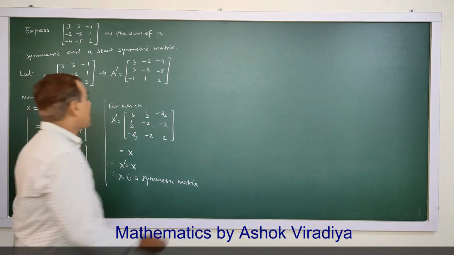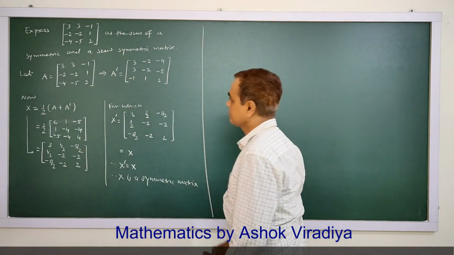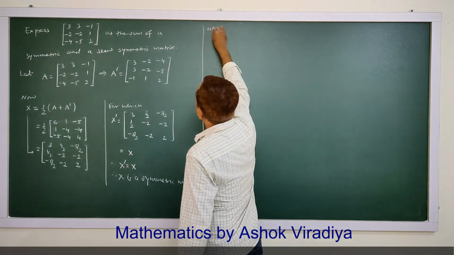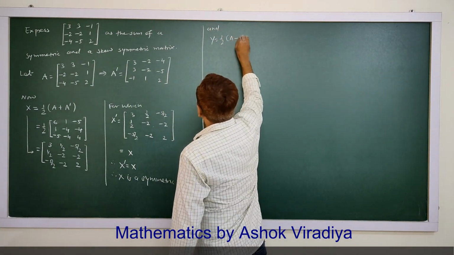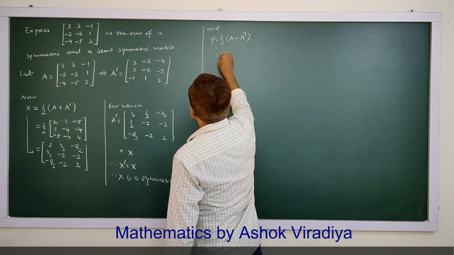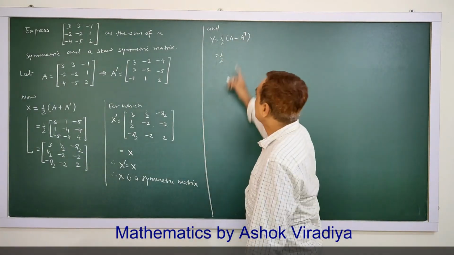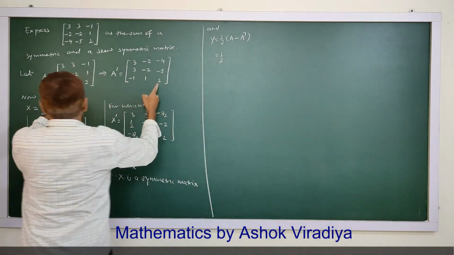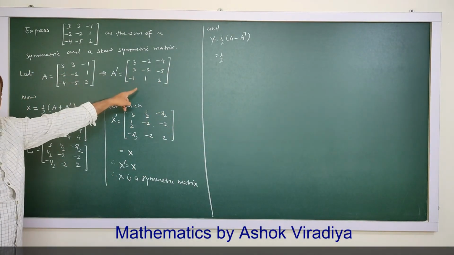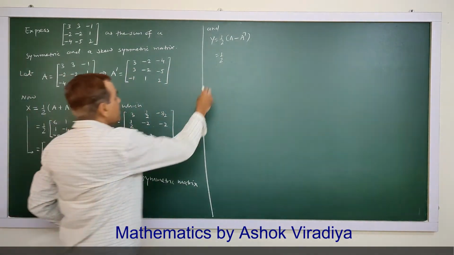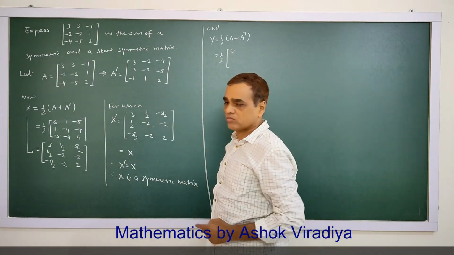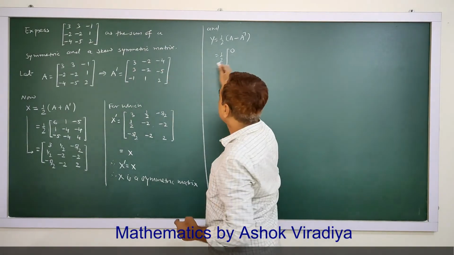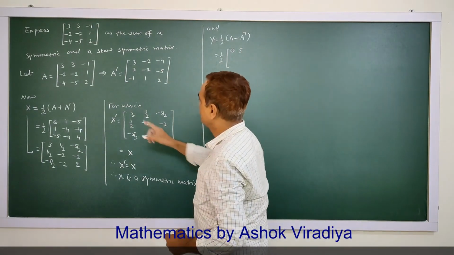Now we compute y, and y is 1 by 2 into A minus A transpose. Now the difference of these two matrices, A minus A transpose. So taking the difference here, see 3 minus 3 is 0. 3 minus minus 2 is 5.